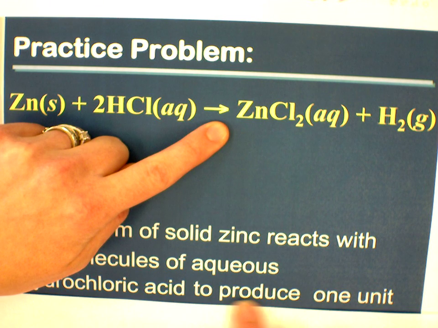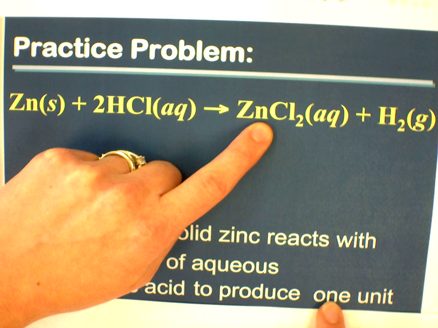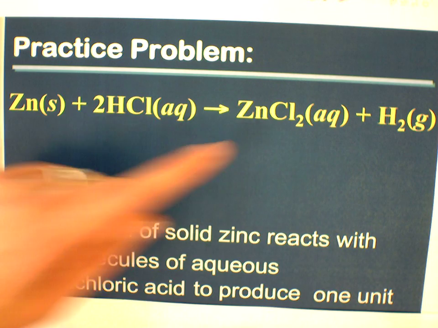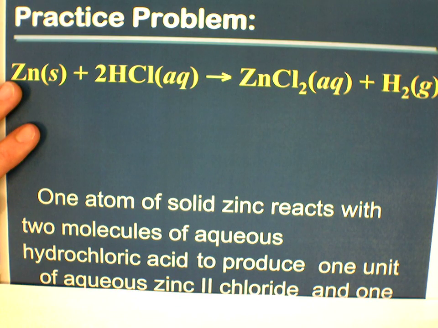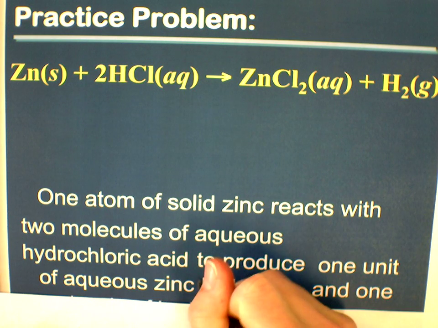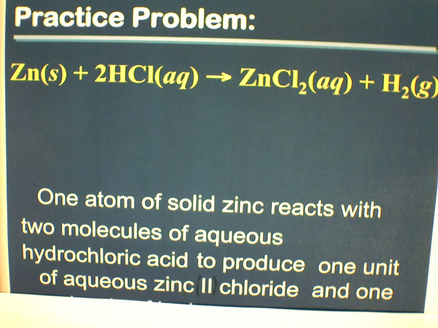Arrow means to produce. This is ionic, so I'm going to say 1 unit. Pause here to name it. We're going to call it aqueous zinc. This should be zinc with 2 in parentheses. It's hard to see now.